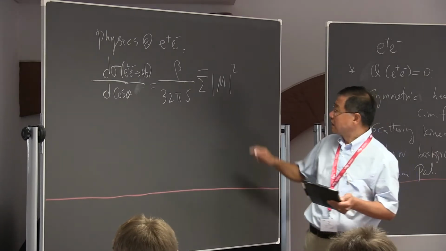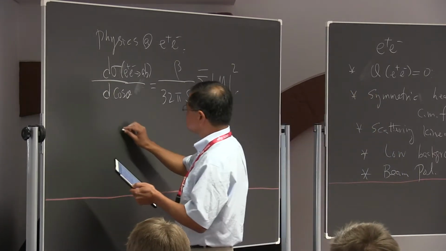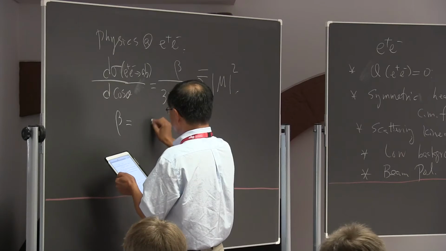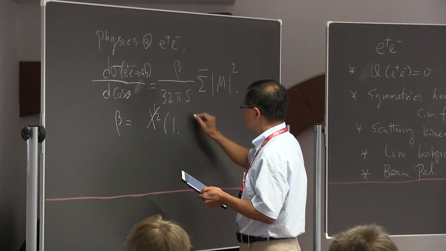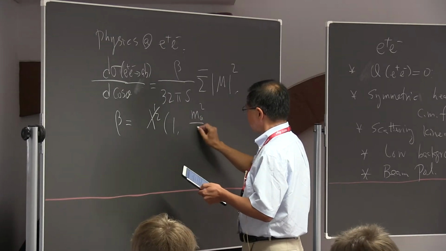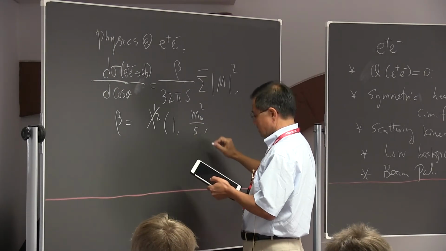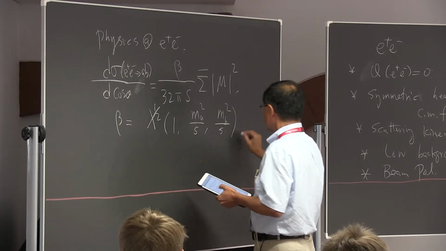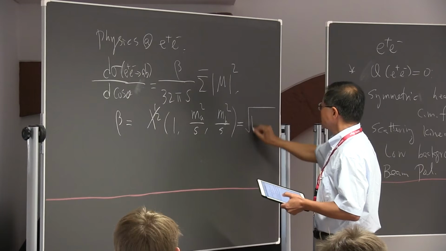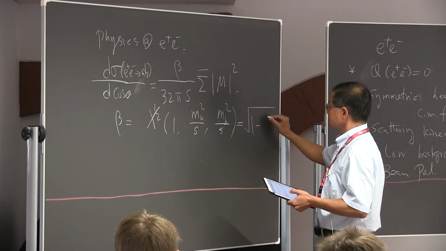You can always do. And the beta factor in general is a 3-variable function: particle A final state, particle B final state. That would be the one I gave you if particle A and particle B are equal mass.